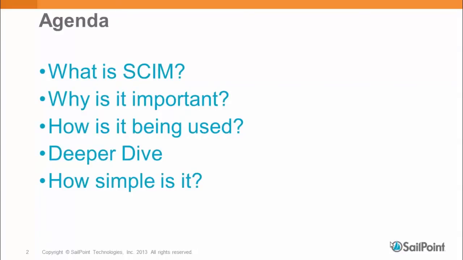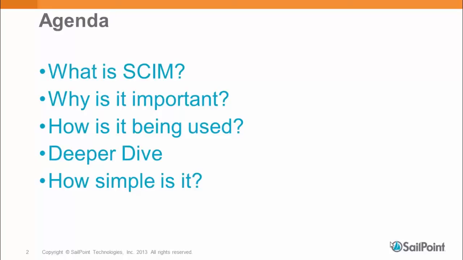What we're going to talk about today is an overview of SCIM. What is it? We're going to talk about the importance of it and how it's becoming more important all the time. We're going to go over some use cases and talk about how it's being used. We'll get into a deeper dive, the gory details, a lot like what Brian was showing.